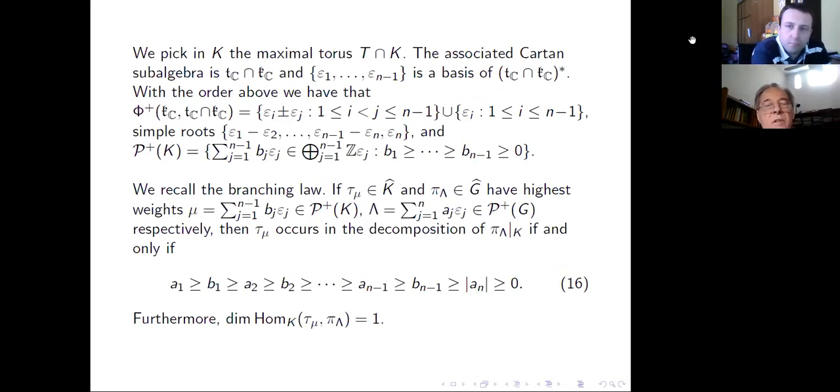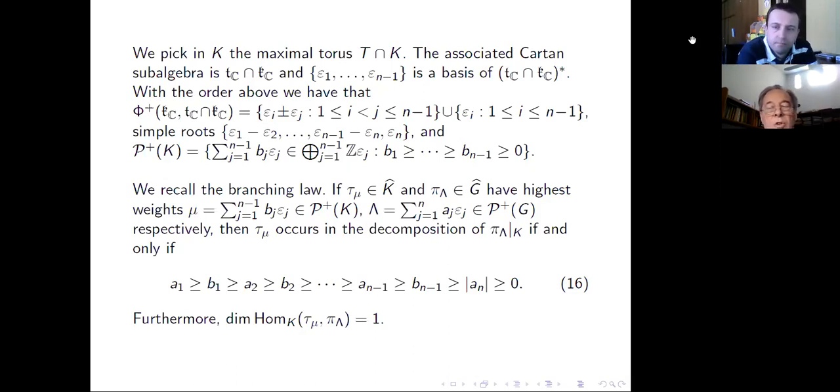And then we have a branching law. If we have a weight mu for K written in terms of epsilon j's and a weight lambda also written in terms of epsilon j, from 1 to n, then tau mu occurs in pi lambda restricted to K if and only if those conditions hold: the A's and the B's satisfy condition number 16.